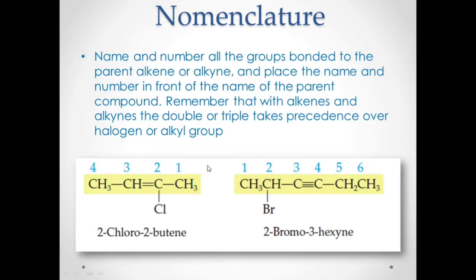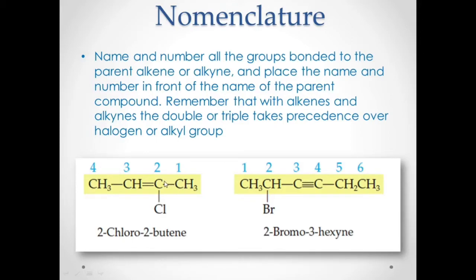So rule number 1 is if you have a compound, you first distinguish the longest continuous carbon chain. And remember that in numbering your carbon chain, you have to number it in such a way that your first two carbons that contain the carbon-to-carbon double bond or triple bond attain the lowest number. In this case, you will number your longest continuous carbon chain as 1, 2, 3, and 4.